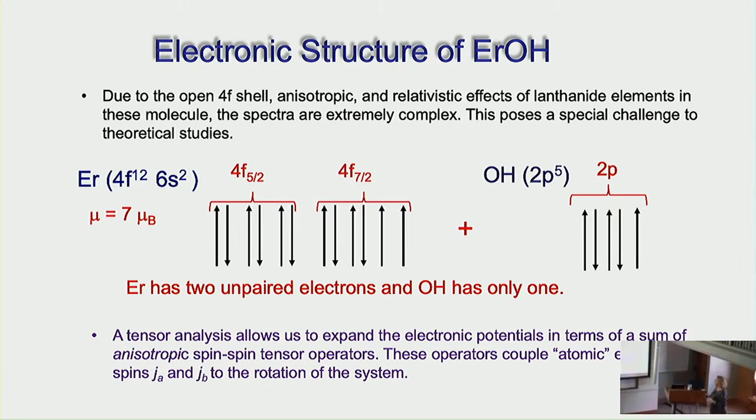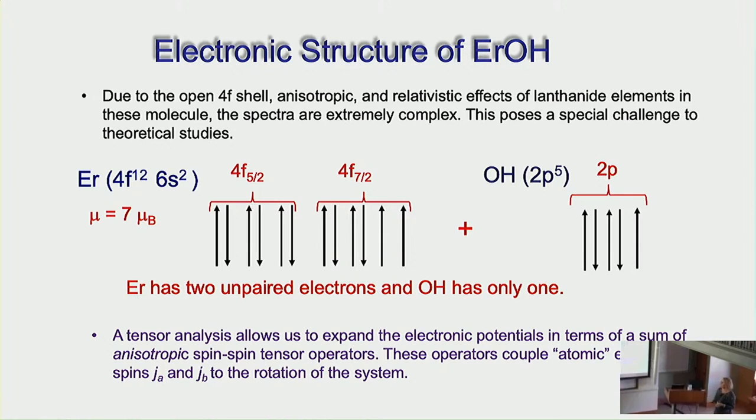But the outer shell for F7 halves has two electrons which are unpaired. And those electrons are responsible for this quite high magnetic moment. And of course, OH has one electron unpaired, and that's how they interact mostly.